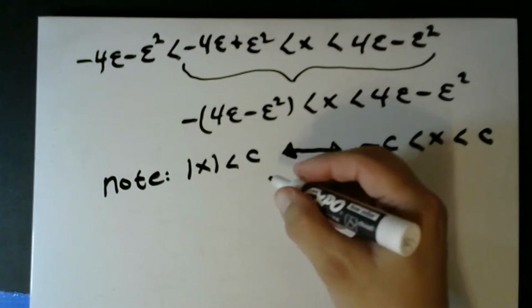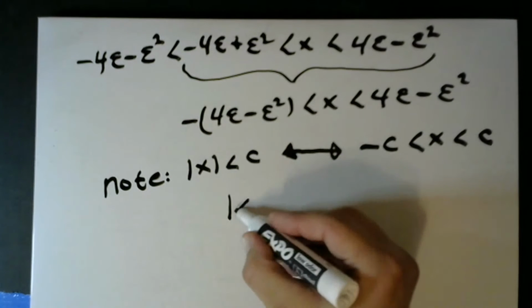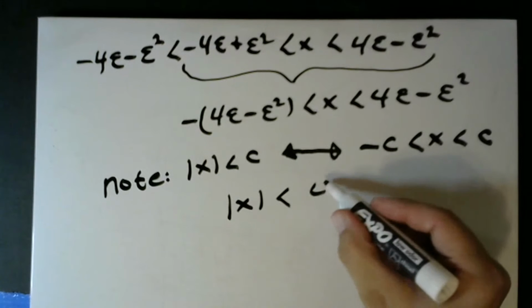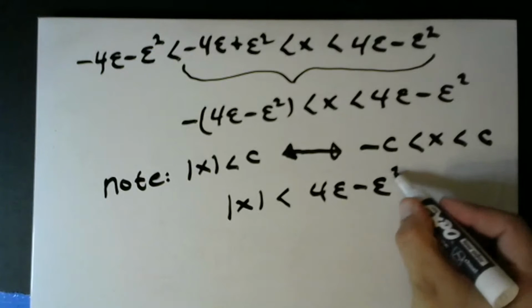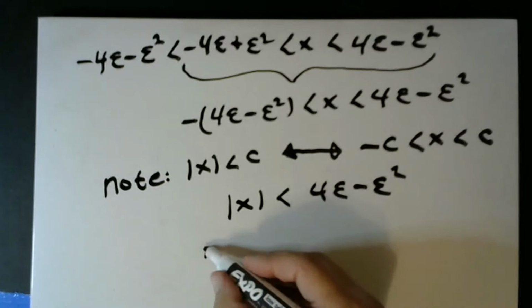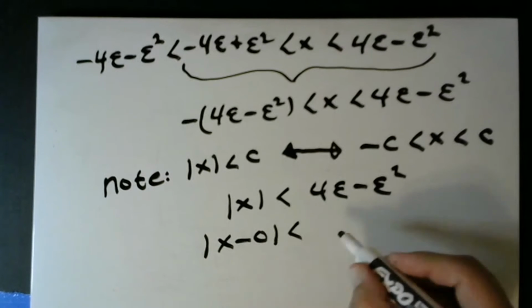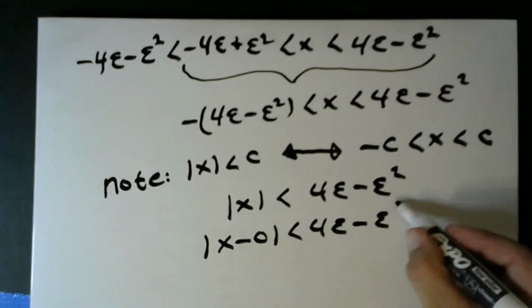So this means we can rewrite this as the absolute value of x less than 4 epsilon minus epsilon squared. Or this could be absolute value of x minus 0 less than 4 epsilon minus epsilon squared.